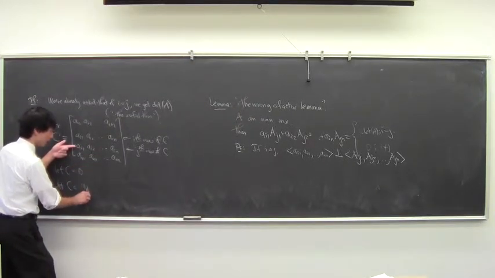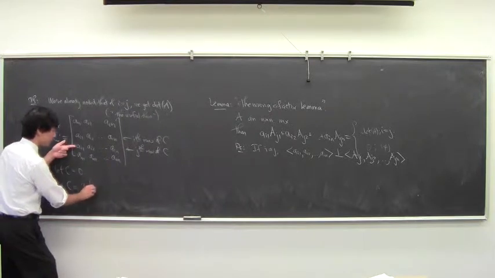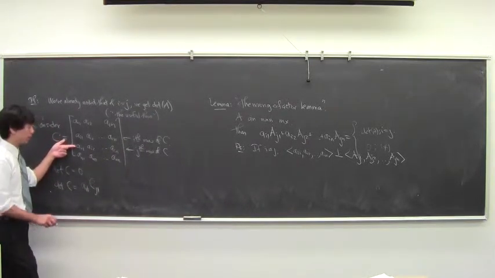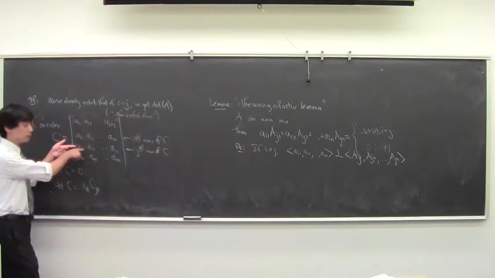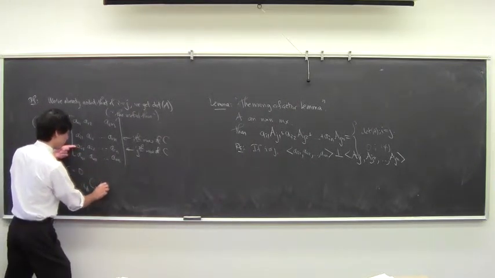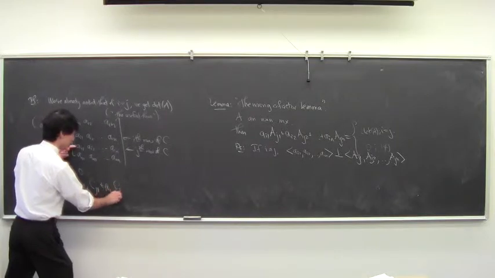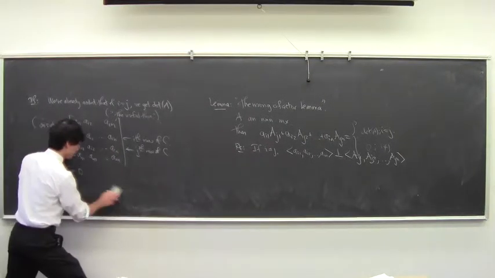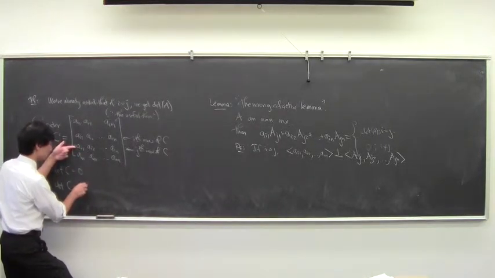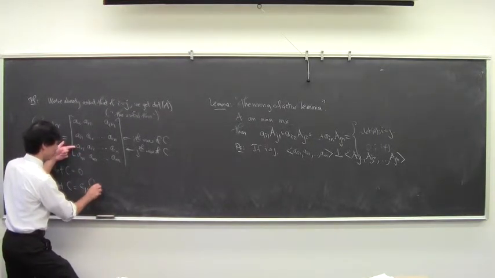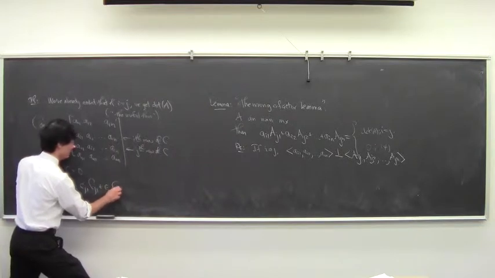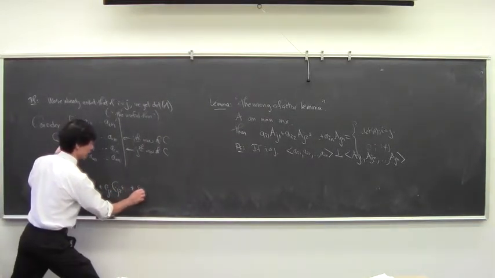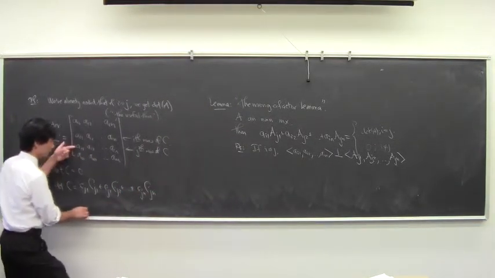We get c_j1 times capital C_j1, plus c_j2 capital C_j2, plus c_jn capital C_jn.